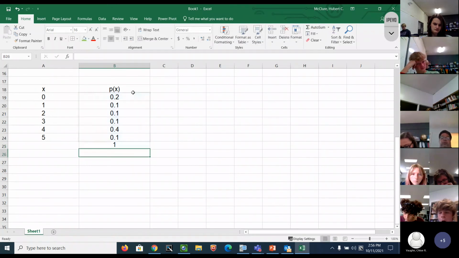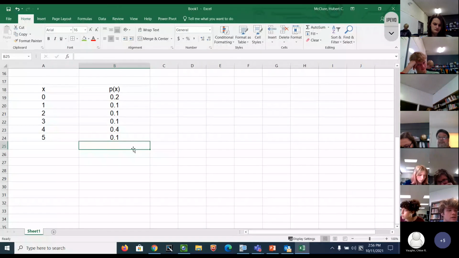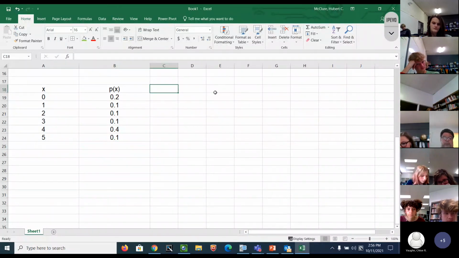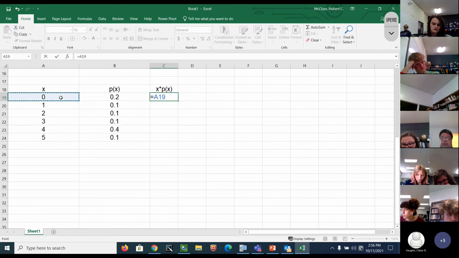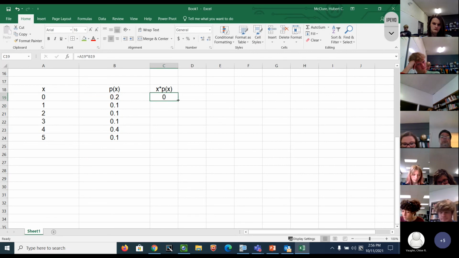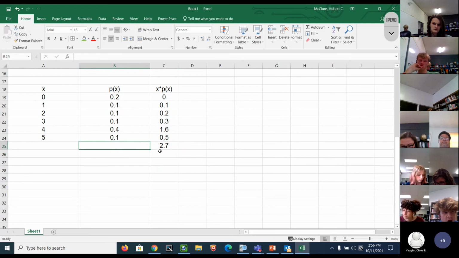It's 1.0, that's good. Let's go ahead and do X times P of X. That's equal to this number times this number. And that is the mean, 2.7.